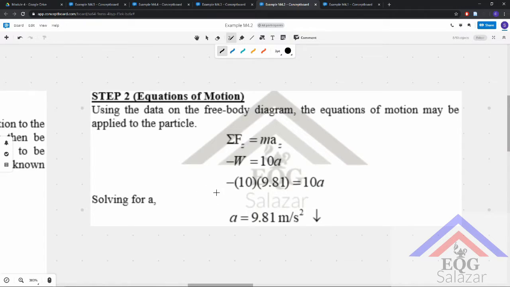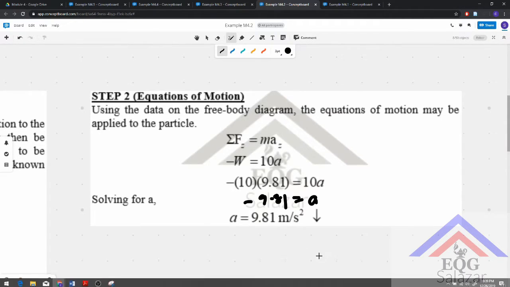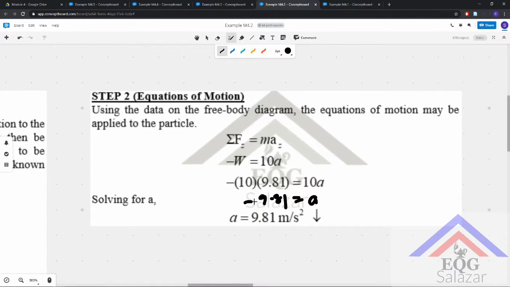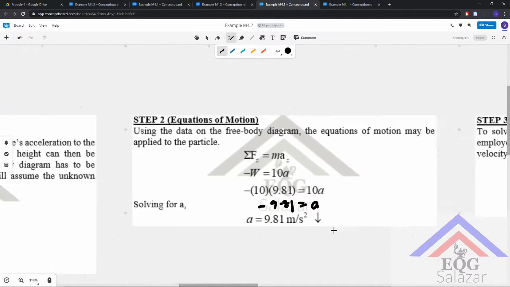This would have resulted in a negative answer, because this would have been negative 9.81 rather, equals a. Which just means that our direction that we assumed is wrong, and you can just flip the direction here.